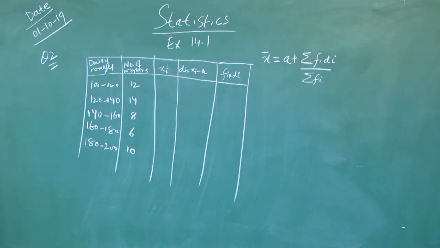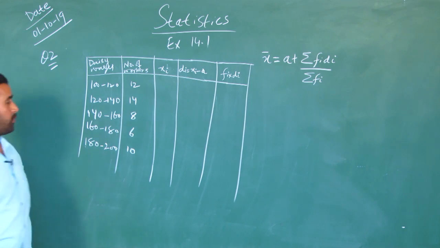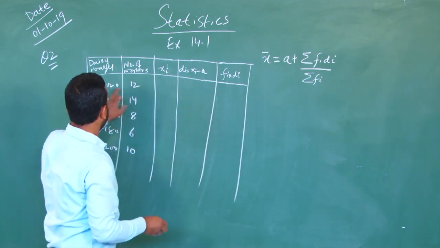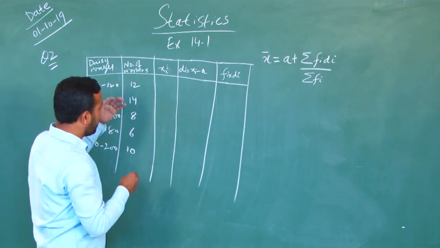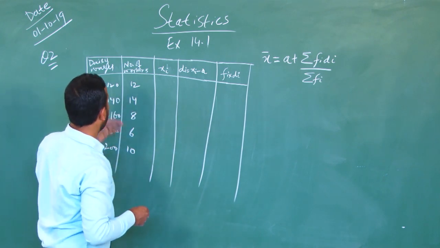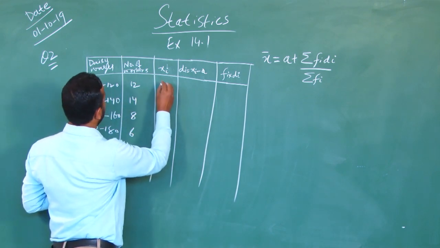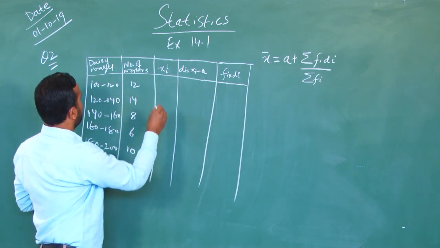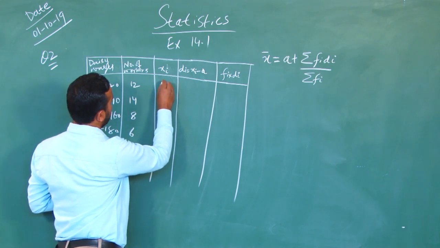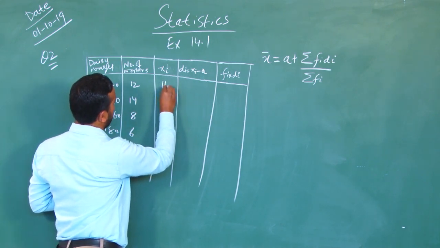Let us see how to calculate the various parameters out of the given data, xi. As we did in the previous question, the same we have to do here. That is 100 plus 120 divided by 2, that is 220 divided by 2, that will give us 110.